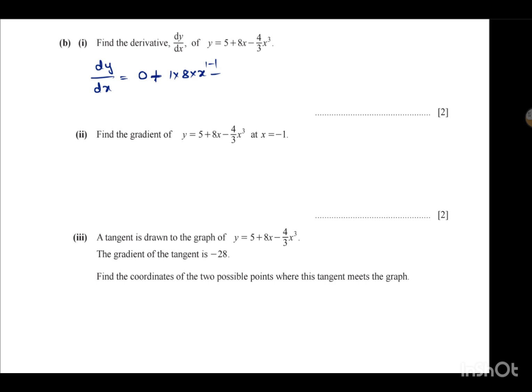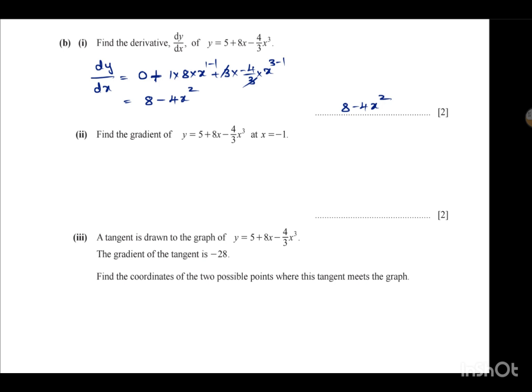Then for minus 4 by 3, let me take the power first, plus 3 into minus 4 by 3 into x raised to 3 minus 1. So this will be 8, the 3 gets cancelled, plus into minus is minus 4x square. This is the answer. 8 minus 4x square, or you can write minus 4x square plus 8.